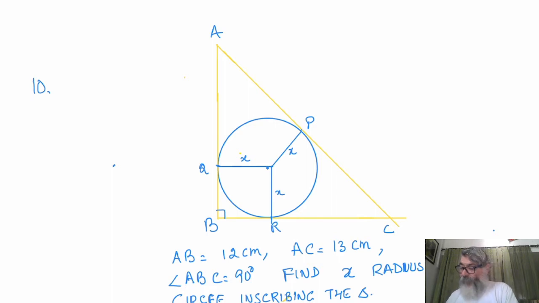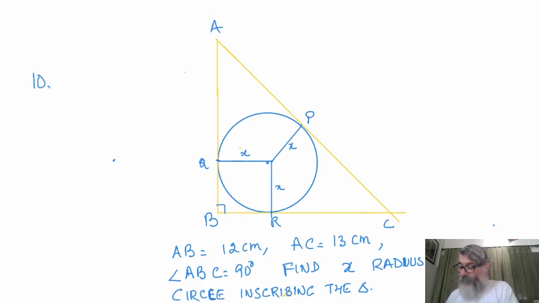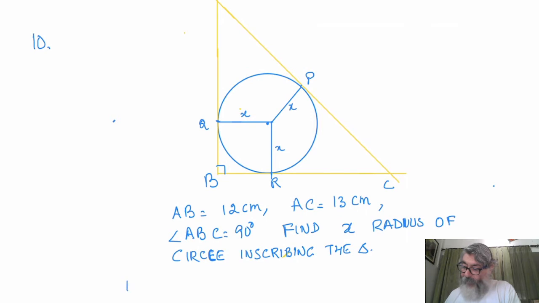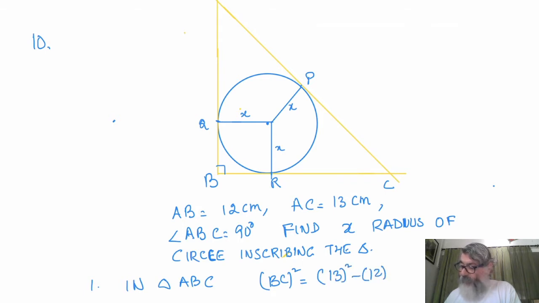Now, first of all, I'll apply Pythagoras theorem to triangle ABC. In triangle ABC, BC square will be 13 square minus 12 square. That will be 169 minus 144. BC will come out to be under root 25, that will be 5.